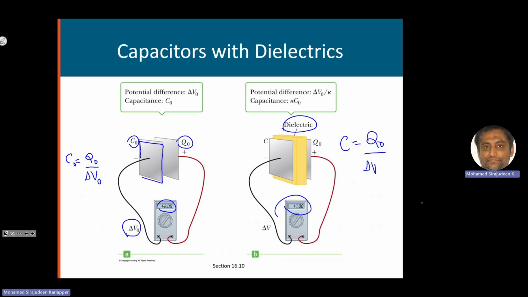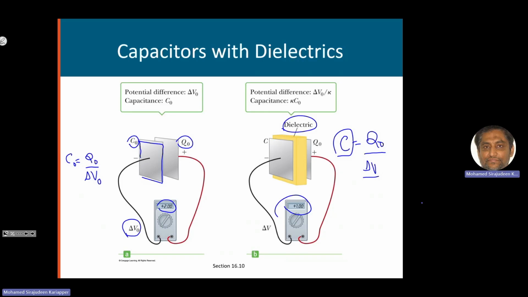So that will tell us the new capacitance would have increased, because the delta V in the denominator has decreased. So the capacitance should be increasing. So this is illustrating the point, okay, that by putting a dielectric between the capacitor plates, the capacitance of the capacitor will increase.